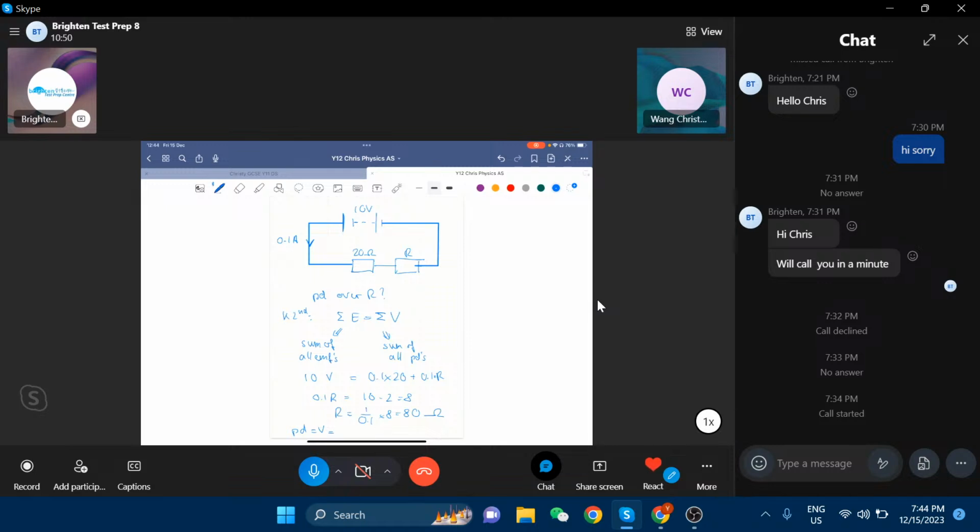It is 20 times 0.1. And for the R resistor, it's 80 times 0.1. Exactly, so we go back to 8 volts.